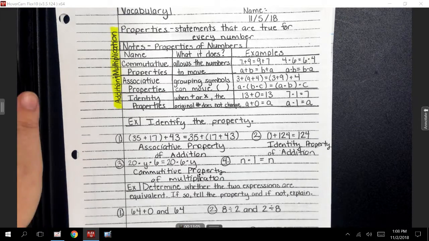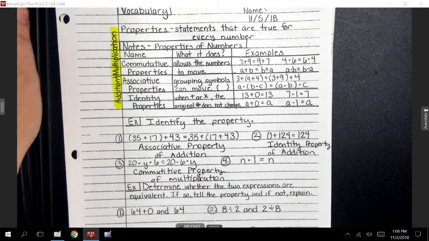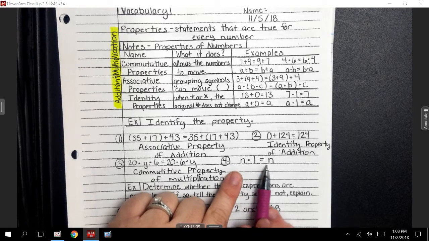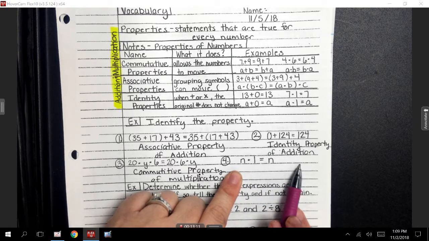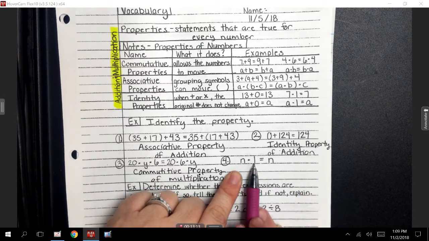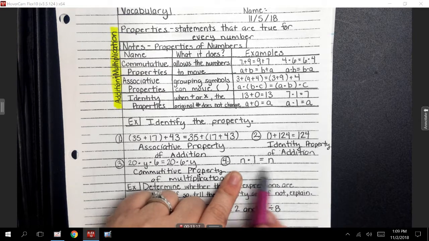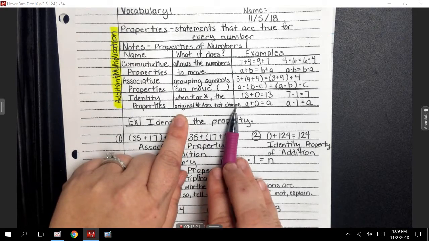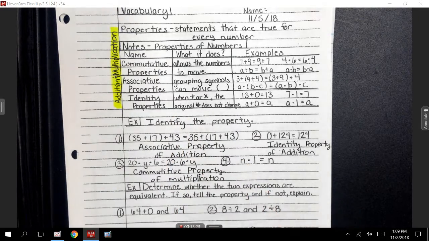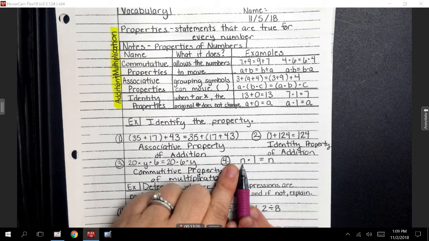All right. N times 1 equals N. Did my numbers move? The 1 disappeared. It didn't move, it disappeared completely. Were there any parentheses that moved? There were none to start with. Did the original number change? I know we're thinking of a number, but remember, what does that variable N represent?